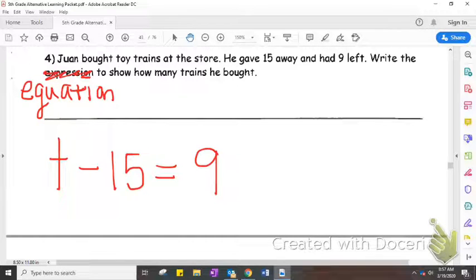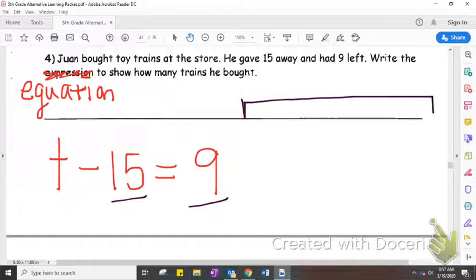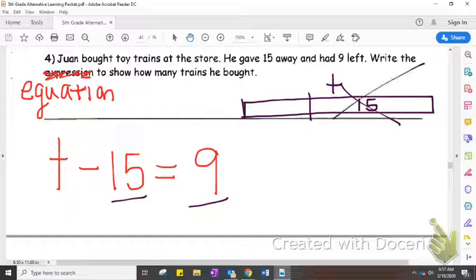All right, so what value for T would make sense here? He had a number of trains, 15 went away, now he's left with 9. If I were to add these two values together, it would help me figure out the value for T. We can act that out here. This can represent T. When we subtract the 15, we're left with 9.